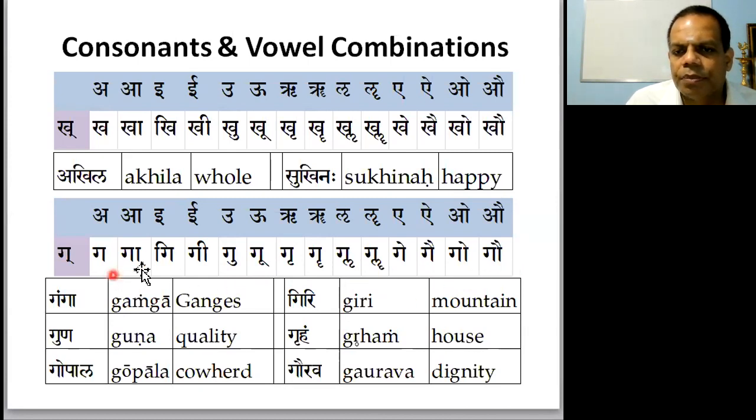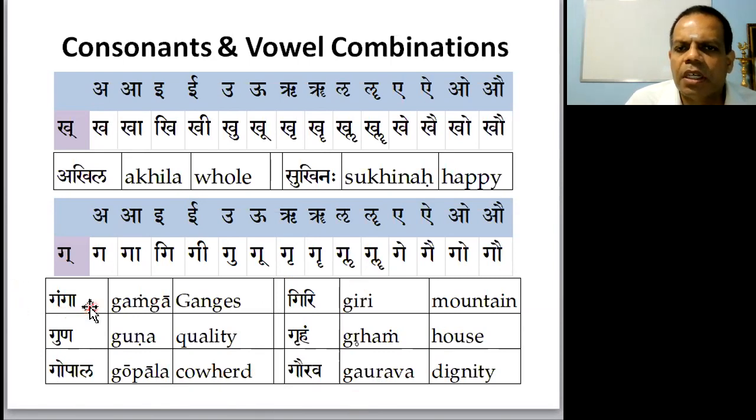I hope you all are watching how the letters are written so that you can recognize them. I've given a few examples of some of these letters. This is a very common one which you'll come across again and again in Sanskrit, in bhajans and so on. But I've only given a few samples here.